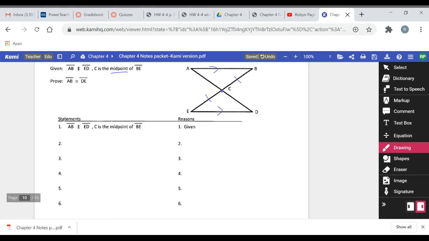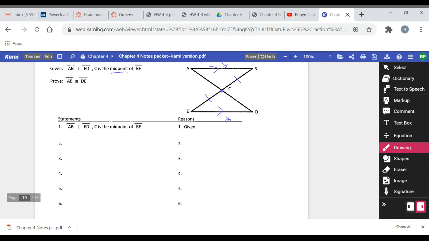All right, we are trying to prove that AB is congruent to DE. So I'm just putting little stars there to kind of remind me where I'm headed. To start my proof, I need to say a set of congruent things that I know to be true. So I decided to start with the parallel lines.